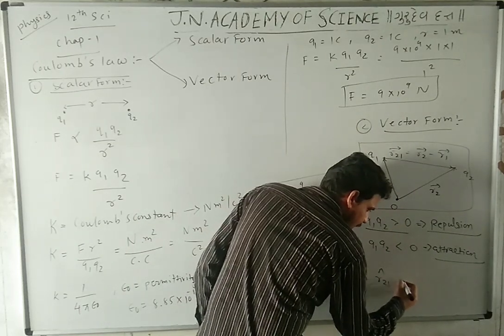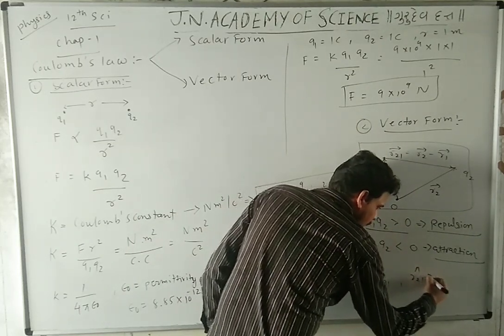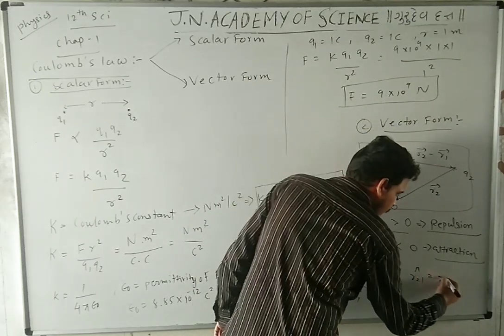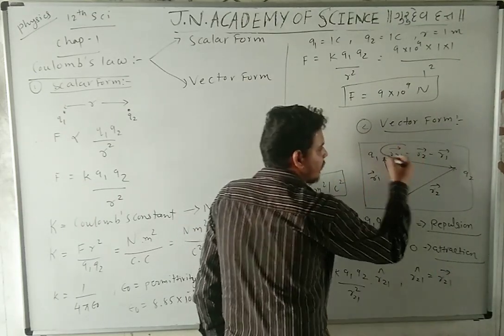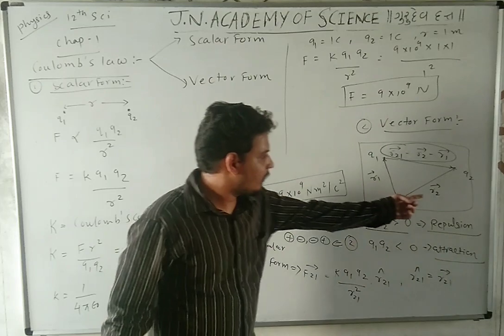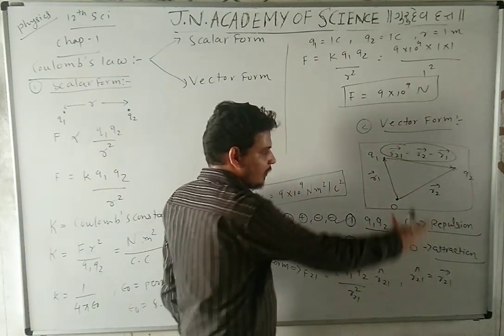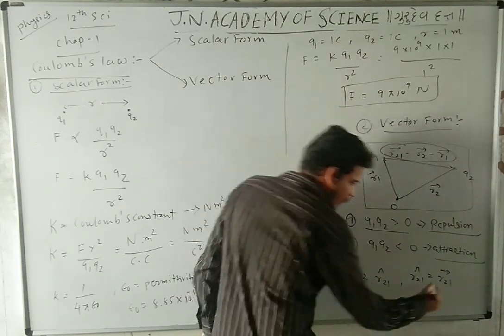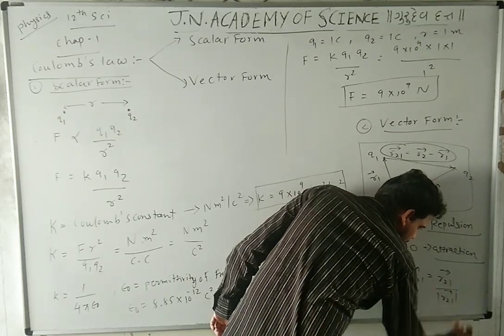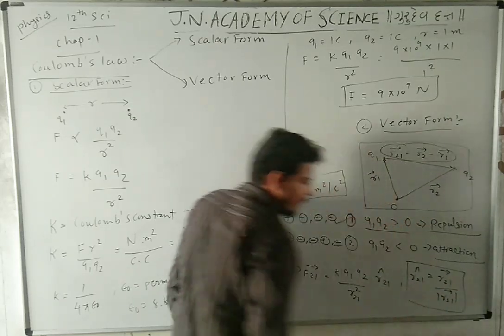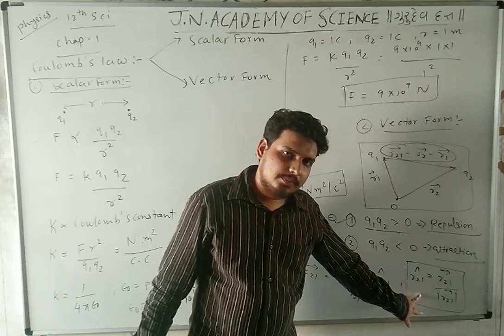Basically the unit vector is the particular vector, the difference of the two vectors r2 minus r1, divided by its modulus. So this is how we can represent the unit vector.